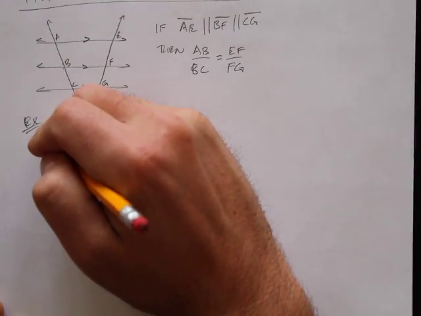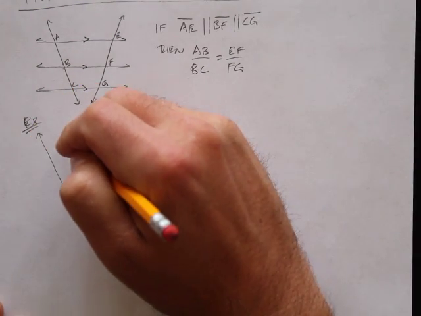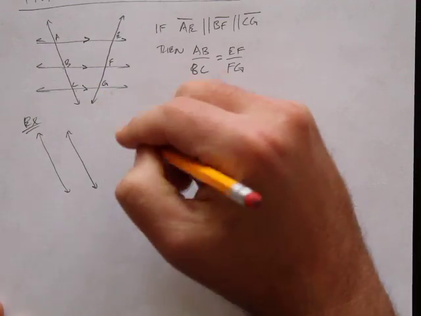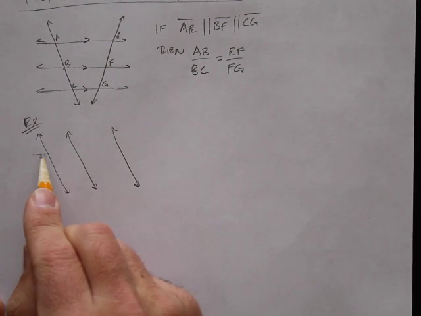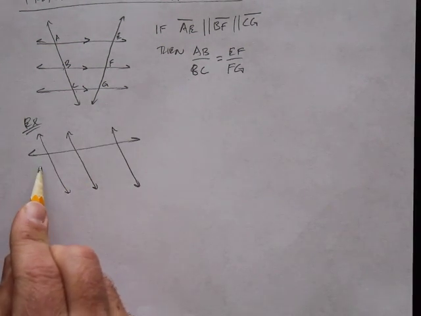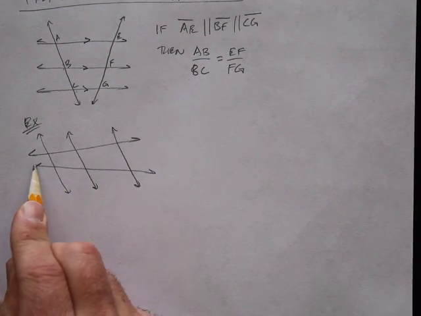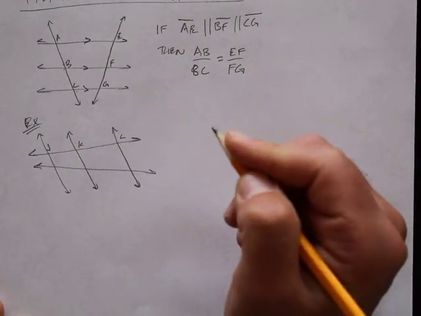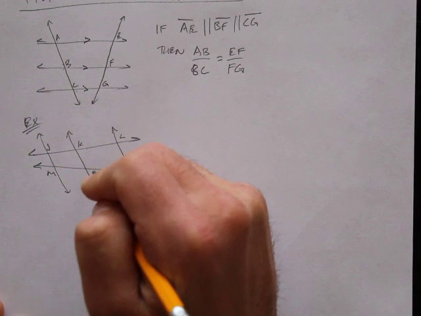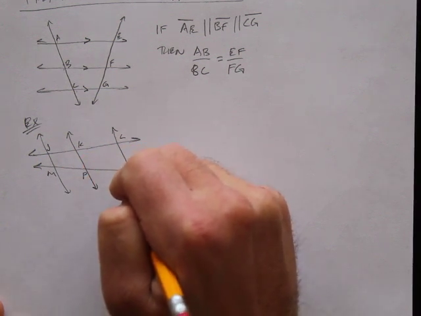And I've got 3 parallel lines. And I've got 2 transversals here that go like that. So this is going to be J, K, L, and this will be M, P, Q.